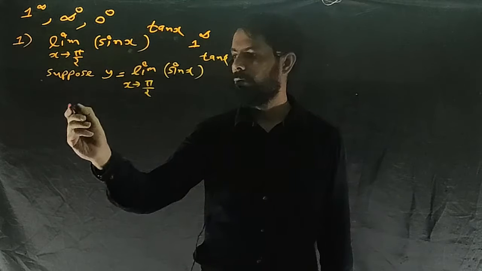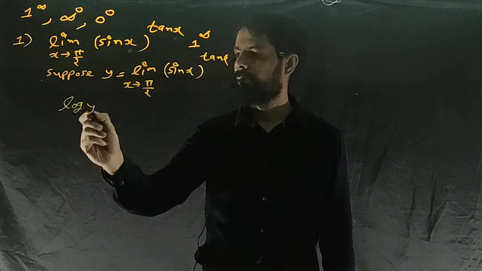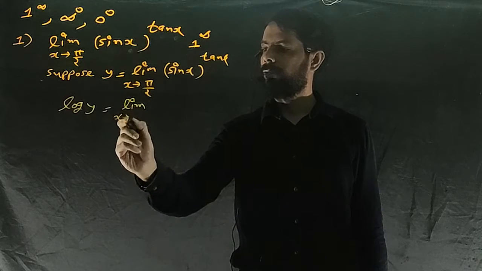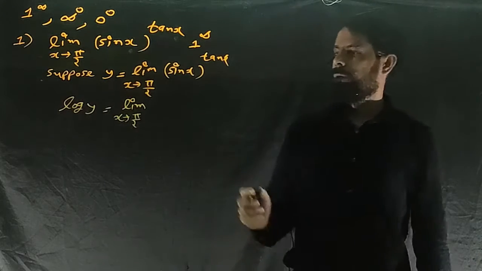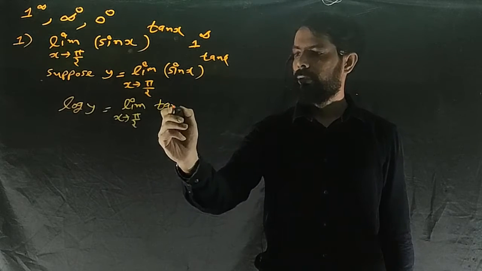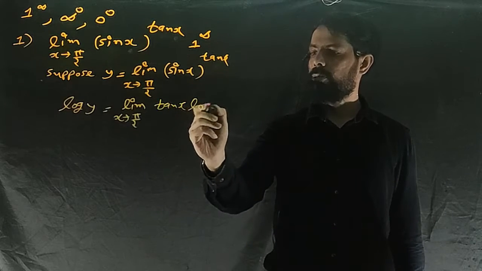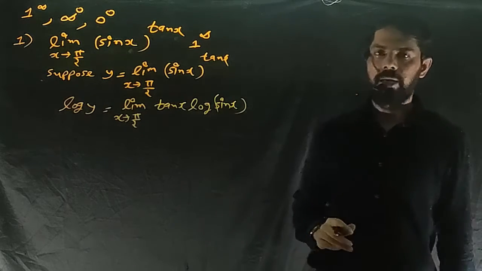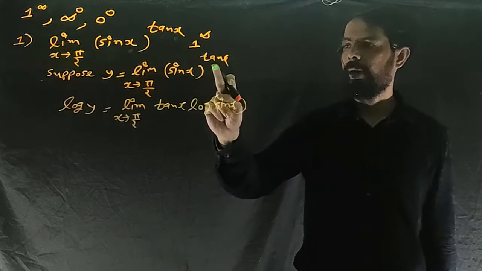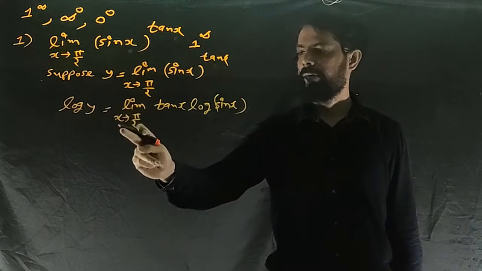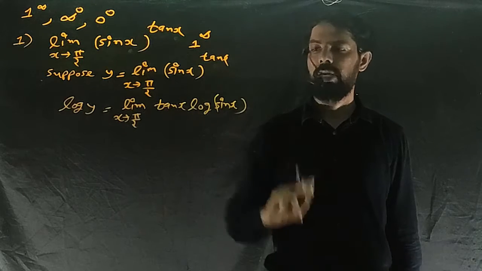So here taking log both sides, it will be log y is equal to limit x tends to pi by 2, then 10x log sin x. Because if we are taking logarithm, then whatever is in the power will come over here. Okay, so log y is equal to limit x tends to pi by 2, 10x log sin x.